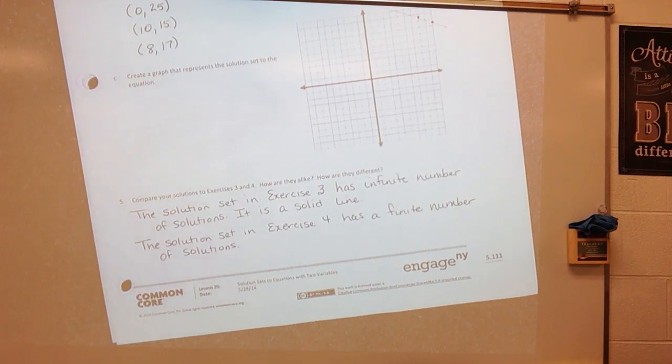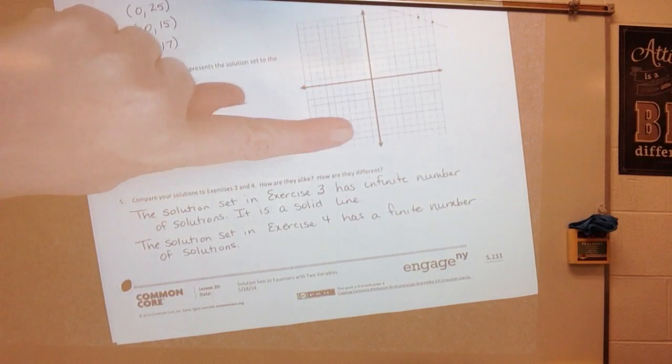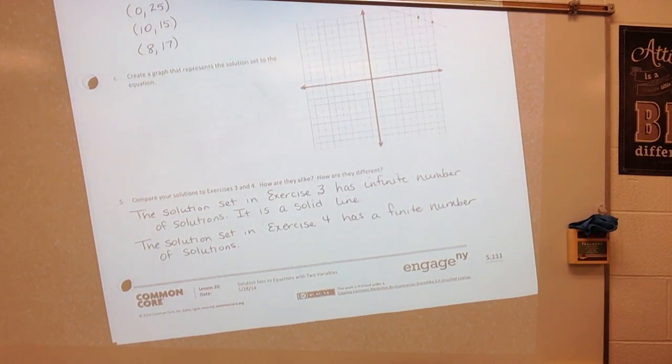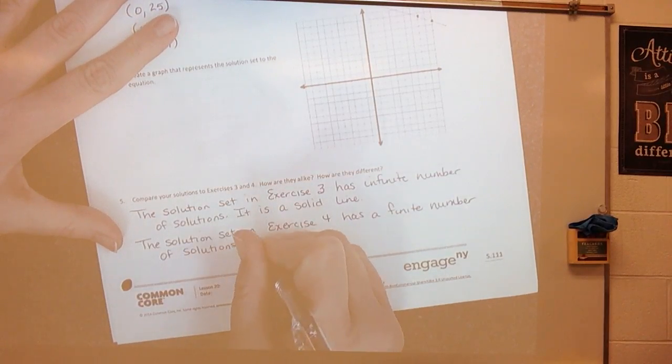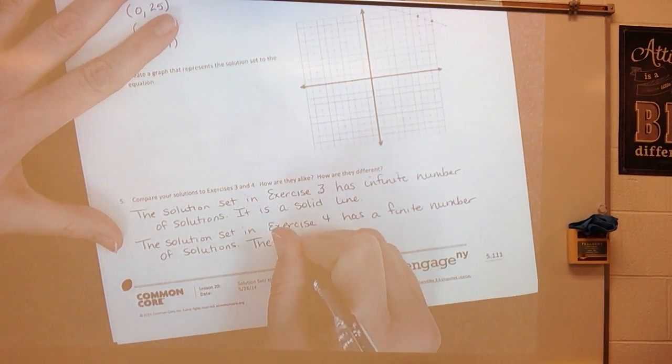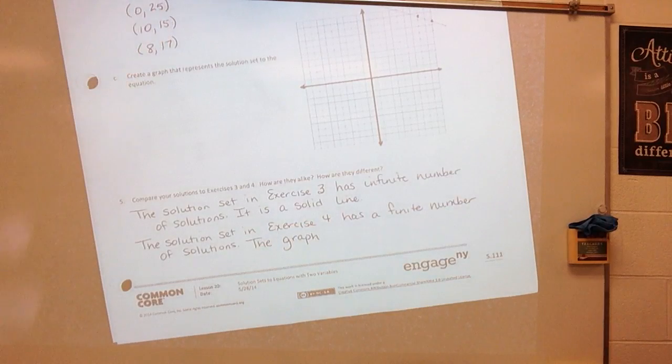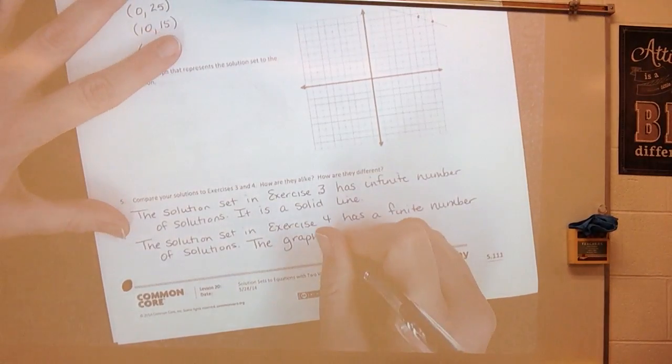So, because we cannot have negative songs by Beyonce or negative songs by J-Lo, then there's only a certain point that I can be in on my graph. All right? Now, in this case, the graph is a discrete set of points.